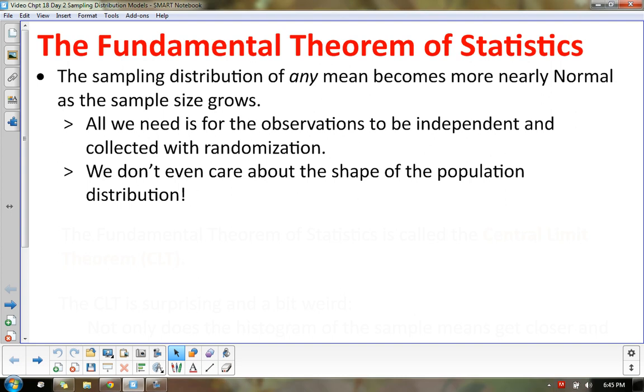Now, in order to follow any of this, we need to make sure that our observations are independent and collected with randomization. We do not care about what the true shape of the population distribution is. Not the population. We don't care, and I'm going to show you in a little bit why that's so.